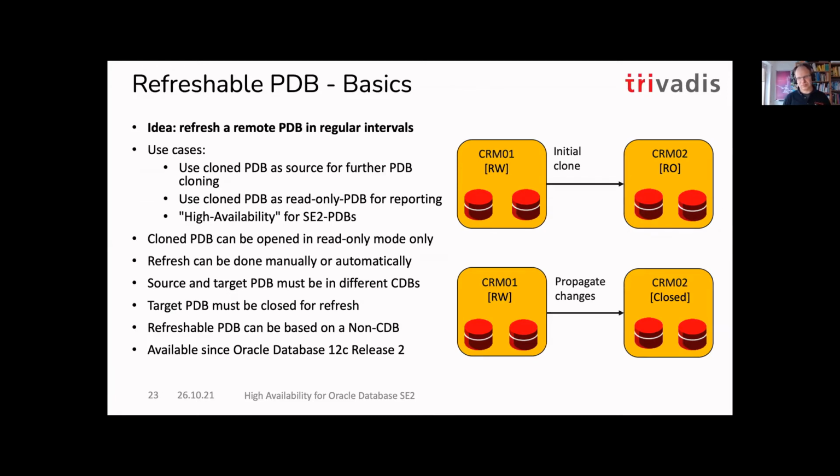So copy these terabytes of data once, and later on only copy the changes which have been applied to the source database since the last refresh. You can then use this copy, this refreshable PDB, as a master for additional copies, or as a database for reporting, because it can only be opened read-only.